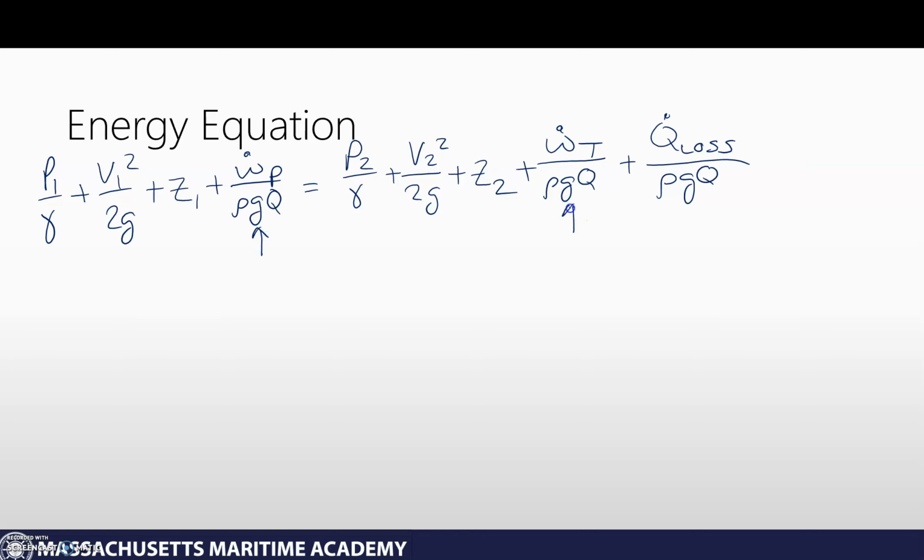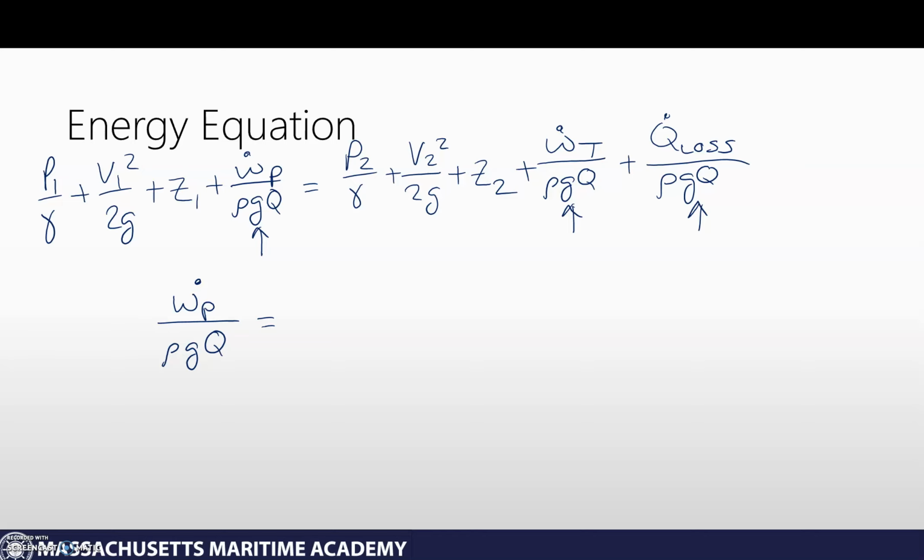but I want to make the equation a little bit simpler to write, so we're going to make some new definitions of these 3 terms here. So if I look at the work of the pump divided by rho g Q, if you look at the units for this, that's going to leave us units of a linear measurement, which we'll call a head.